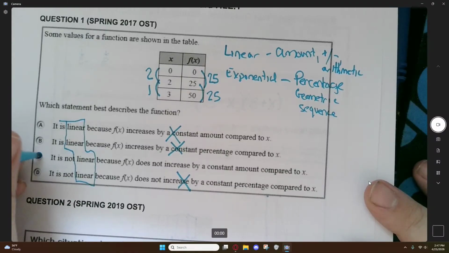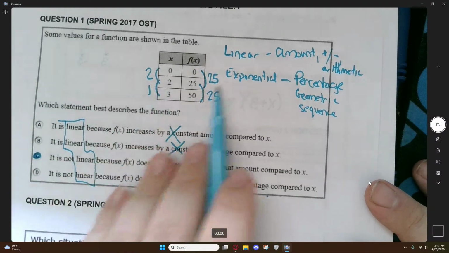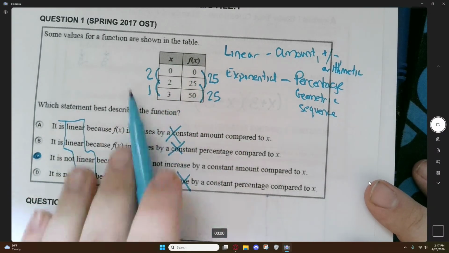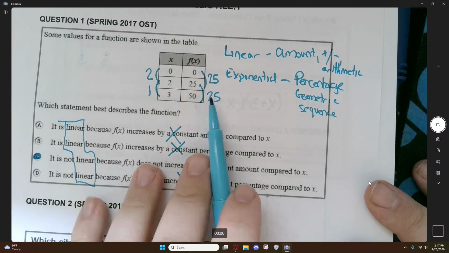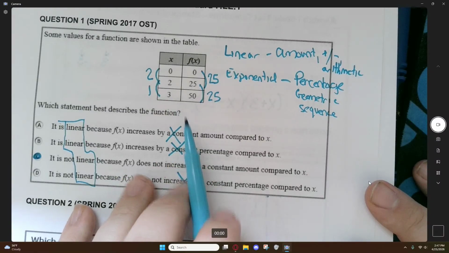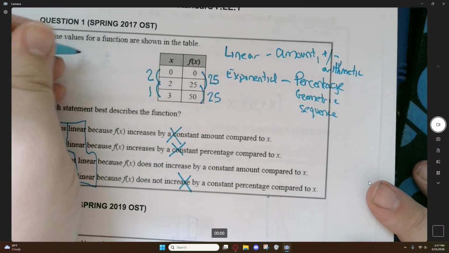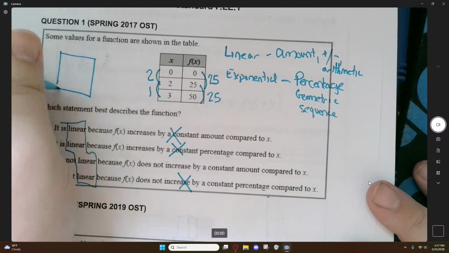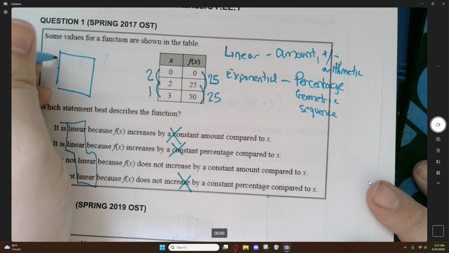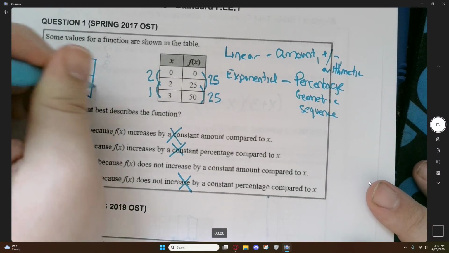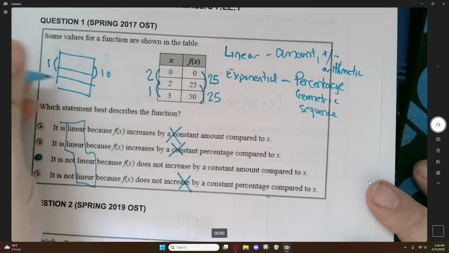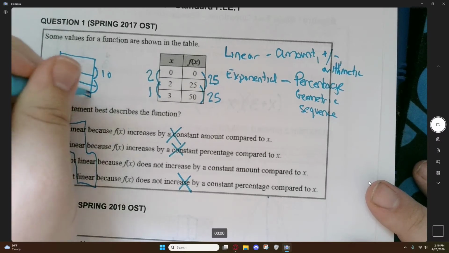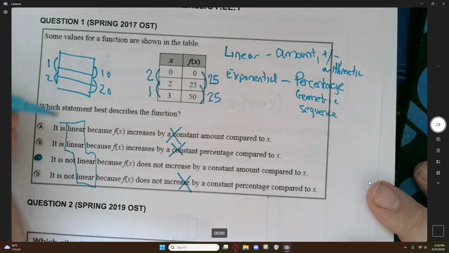In order for this to be considered a linear function, these would have to either be the same or ratios of each other. So you could have had a situation where one of these had a difference of, I don't know, 1 and 10, and the next one had a difference of 2 and 20, because those are ratios of each other.